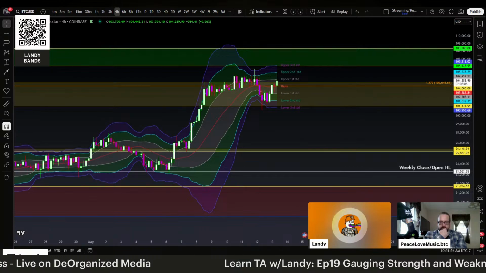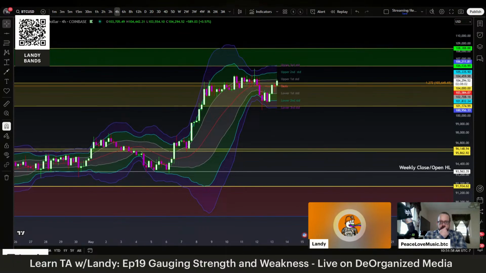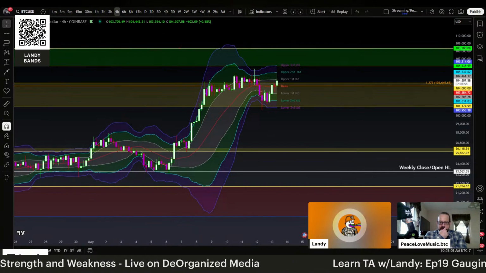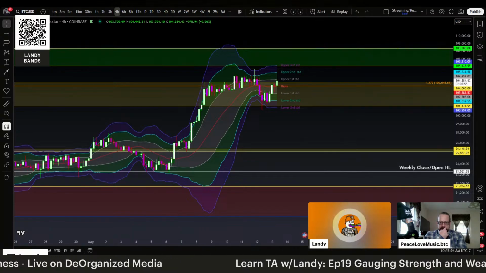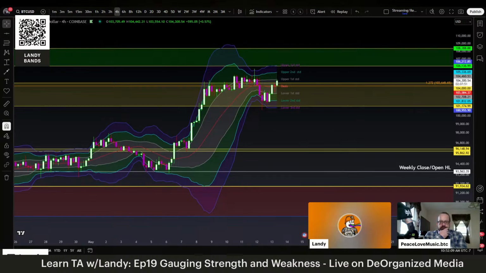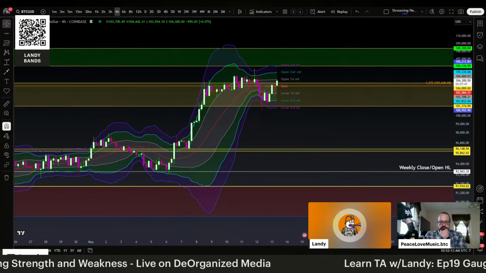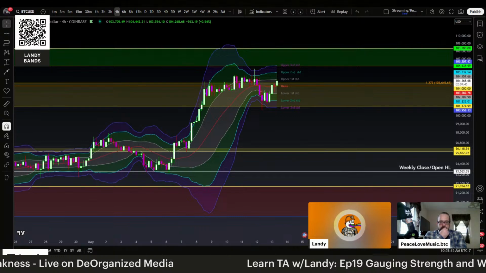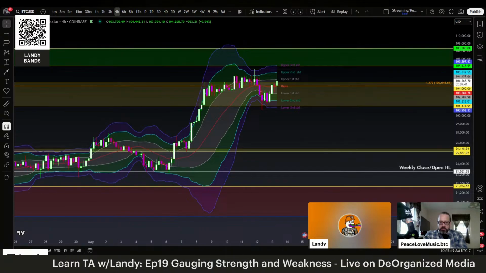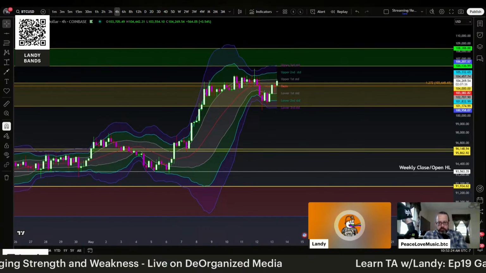So it's about identifying probabilistic setups and defining criteria that meets the confirmation of that setup, right? And that's going to look different on different time frames for different traders, right? And it's also going to look different based on your risk profile, right? And your appetite for risk.